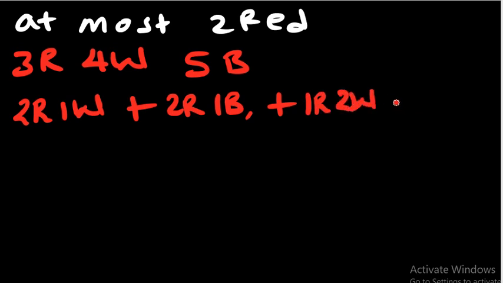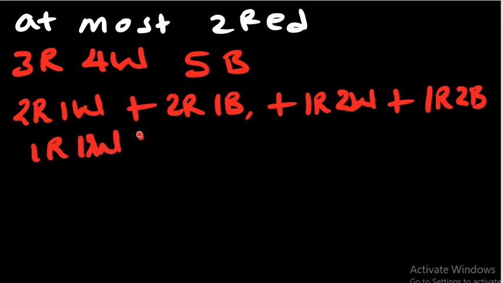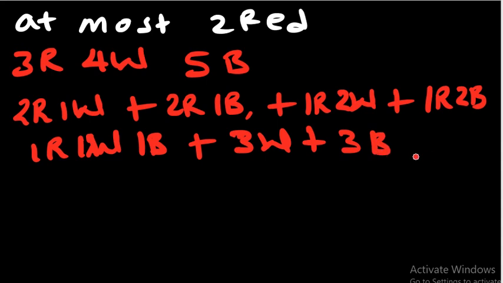It's okay. The other way, 1 red and 2 black. It's okay. Again, 1 red, 1 white, and 1 black. It's okay. And no red means 3 white. It's okay. Or 3 black. It's okay.